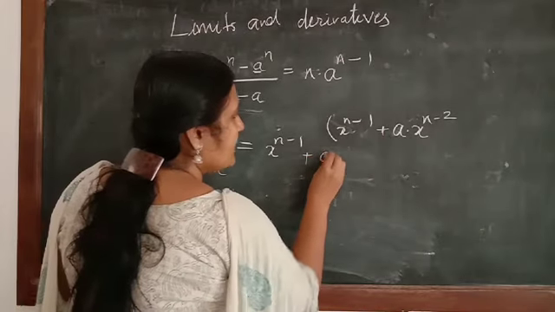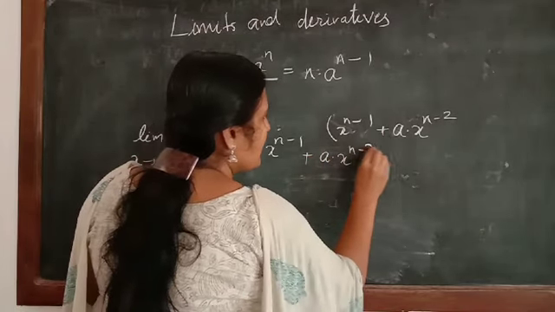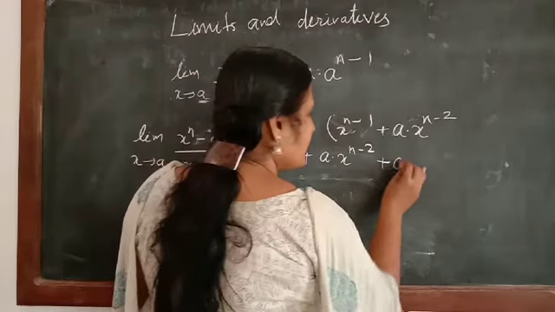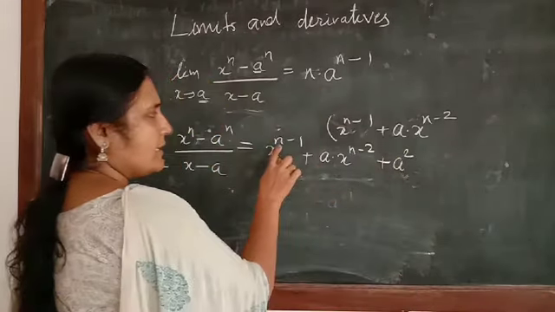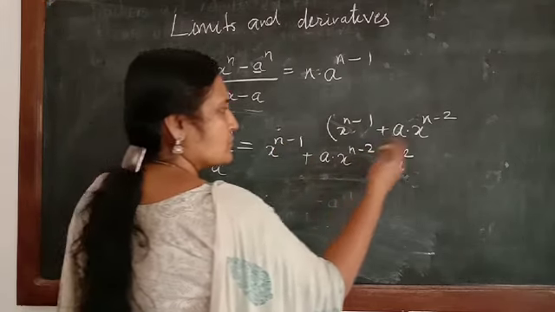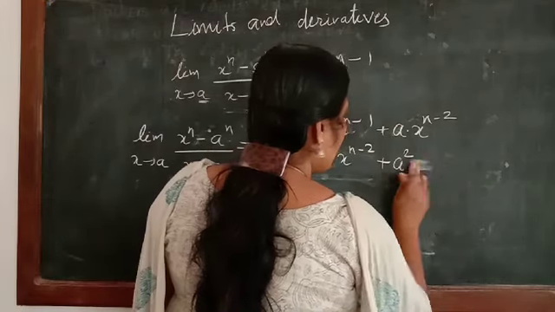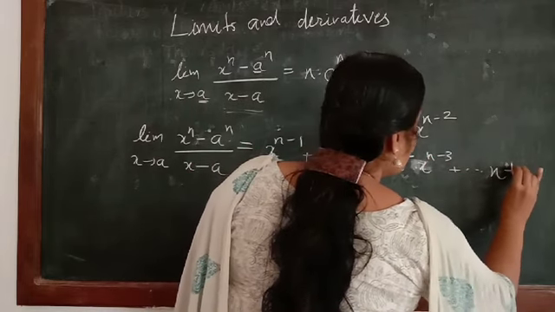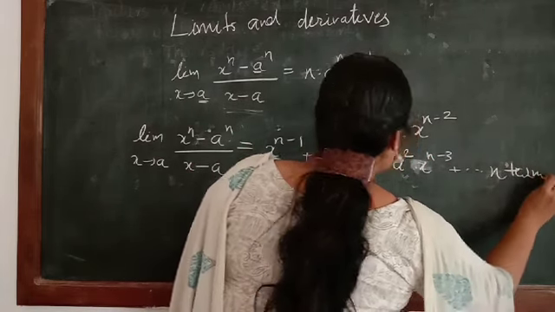The second one is a into x raised to n minus 2. By seeing the pattern, what can the third one be? It will be a square into x raised to n minus 3, and so on. Till how many terms? Till n terms.